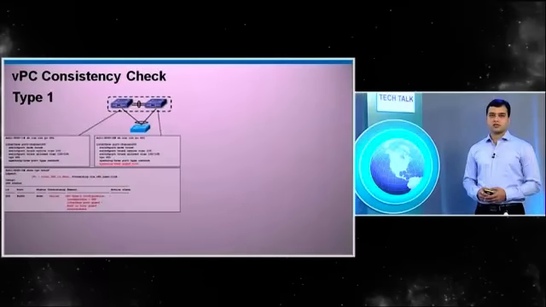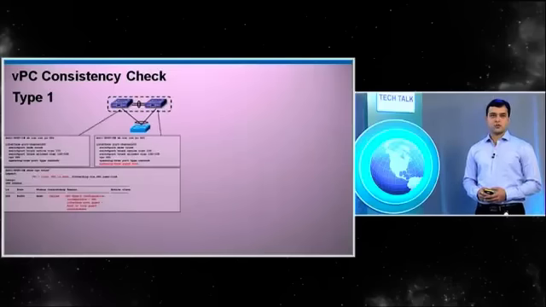What you see here is a type 1 inconsistency, because we have a VPC peer operation, and as you can see there are two switches, 50201 and 50202. We are showing you the configuration. On the 50202 there is an additional command entered, which is spanning tree guard root, but this command is not available on the other switch.